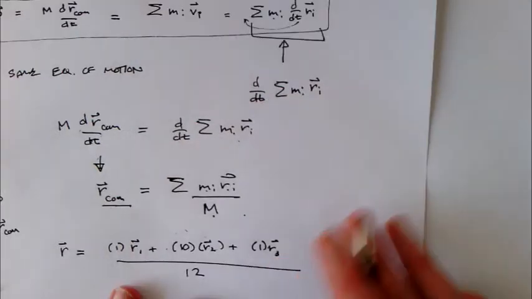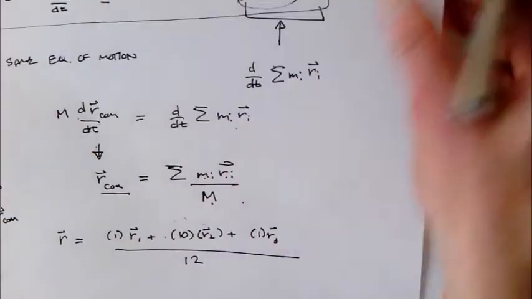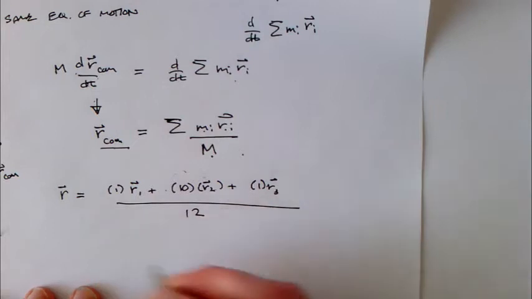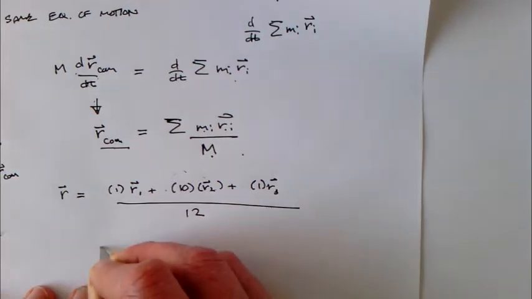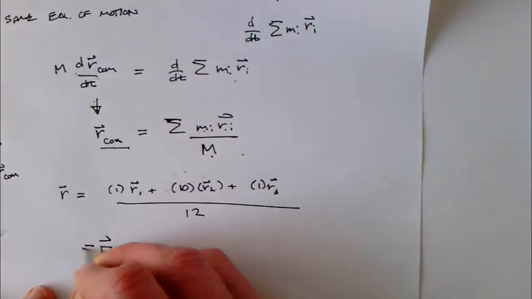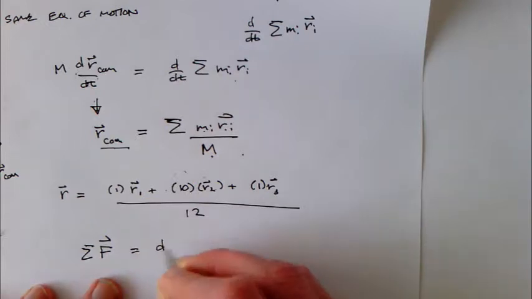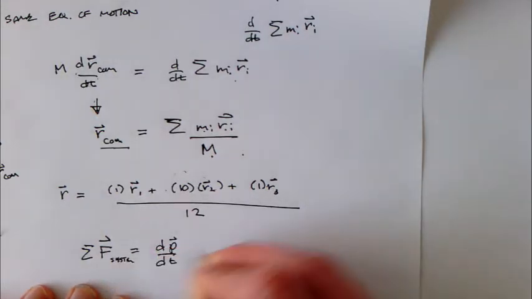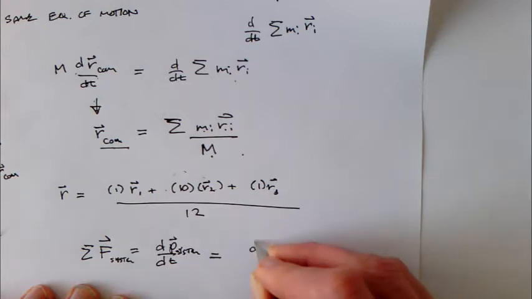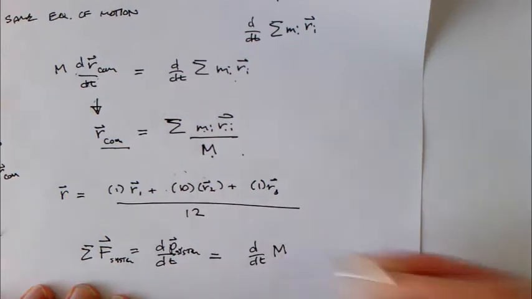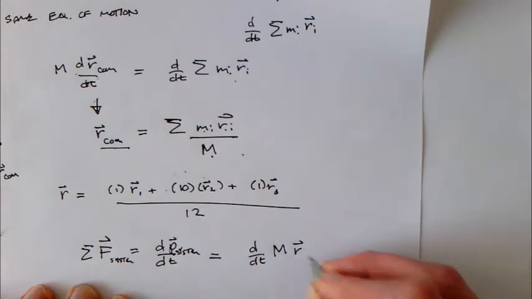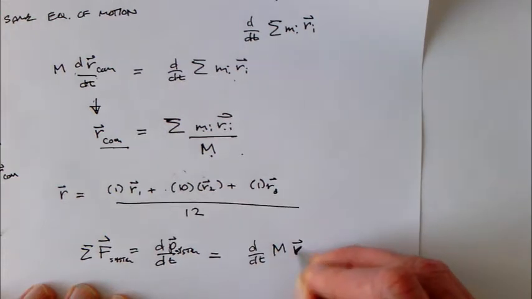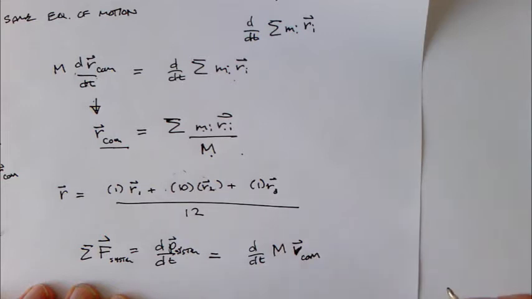Well, the equation of motion for this is simply going to be that the sum of forces on the system tells me the time rate of change of the momentum of the system, which is simply d by dt of the total mass of the system times the velocity of the center of mass.